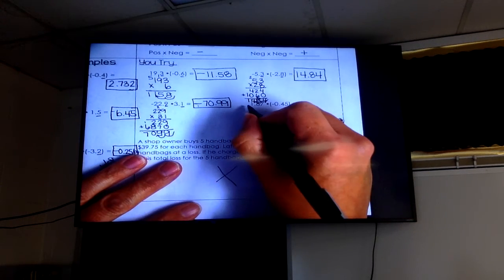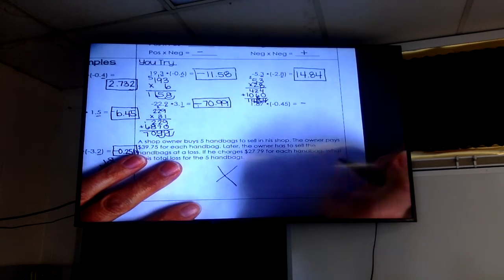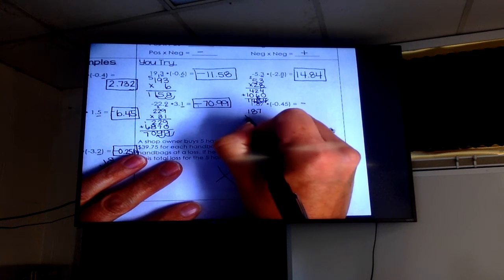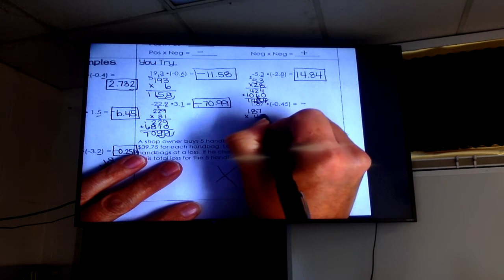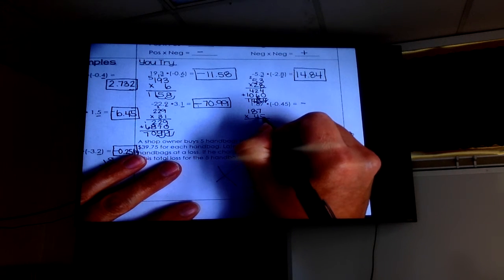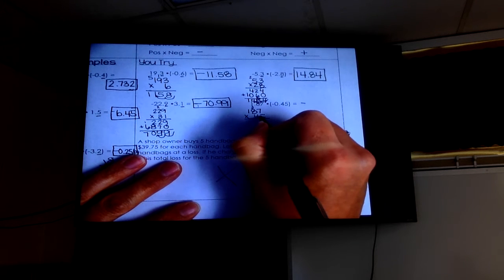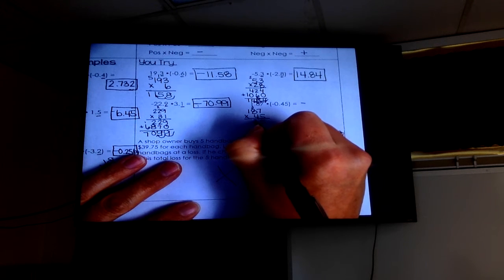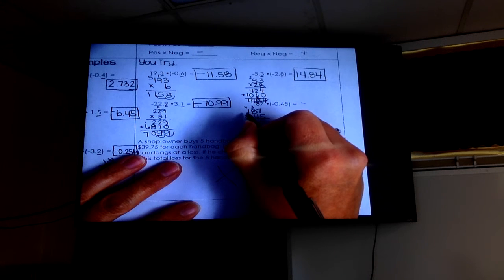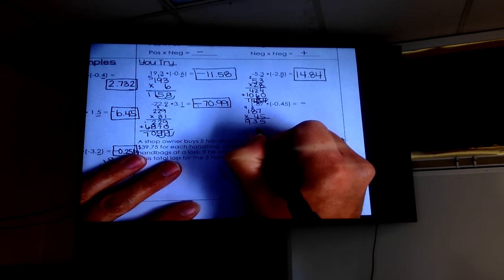One more time. I have a positive and a negative, which will give me a negative. I'm going to rewrite this as 187 times 45, taking out the decimal points. I'm going to multiply. 5 times 7 is 35. 5 times 8 is 40, plus 3 is 43. 5 times 1 is 5, plus 4 is 9.